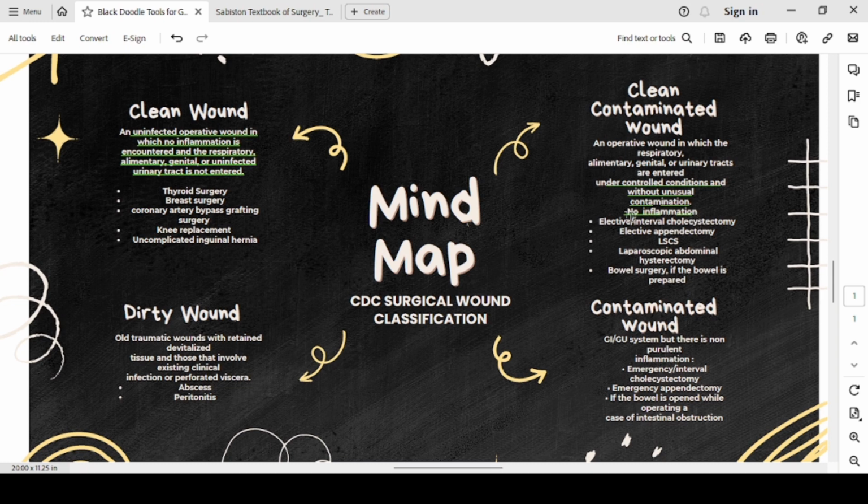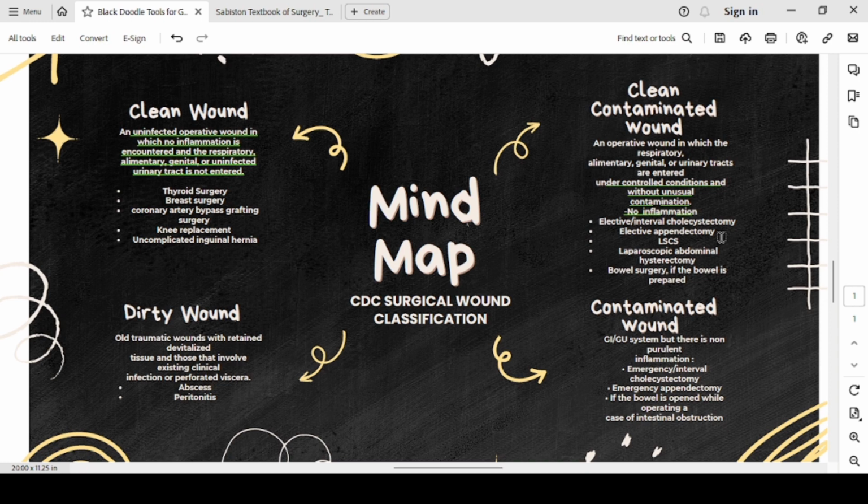Examples of this would be the elective or interval cholecystectomy, elective appendectomy. In these cases, we are asking the patient to visit after a period of time. Let's say we are asking the patient to come after 6 weeks, after the inflammation has subsided. And now we are doing the surgery. We call it an elective surgery.